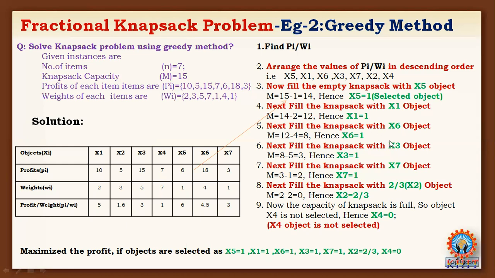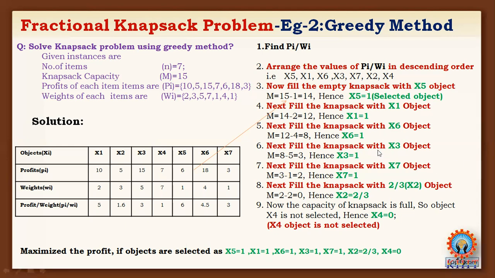Next in order is x6. Place the x6 item. If I place the x6 object into the knapsack, the capacity of the knapsack is updated from 12 to 8. Why? Because here we removed 4, which indicates the weight of object 6. Now the complete item of x6 is also placed into the knapsack.